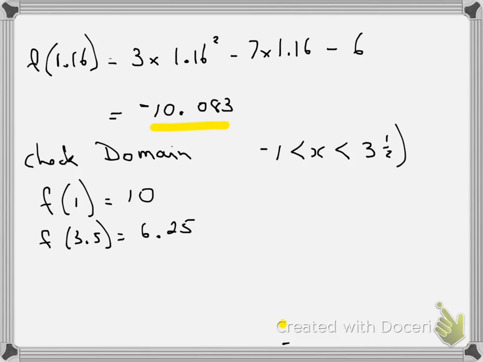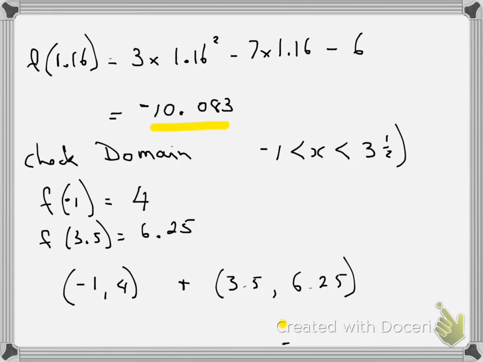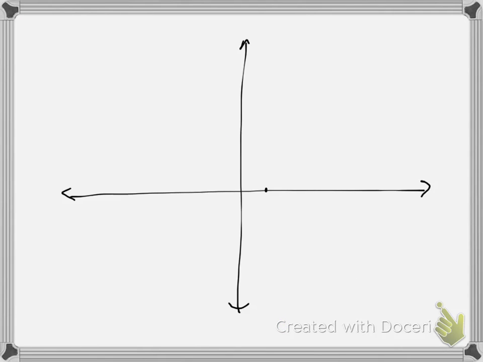Now you would have noticed I've just jumped back a screen, because it's f of 1 I had to calculate, and it should have been f of -1, and which means this answer is not 10, it's actually 4. So what I really have is points of -1, 4, and 3.5, 6.25. So I've got a whole bunch of points which I can now sketch on.